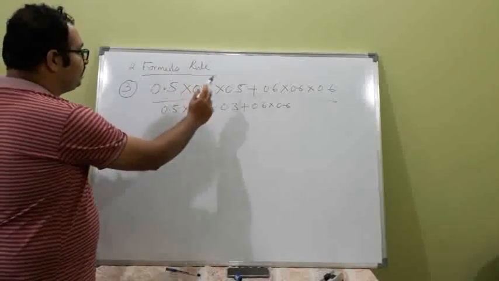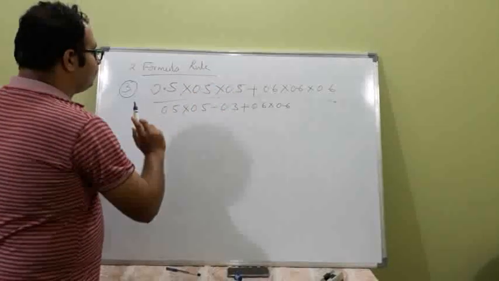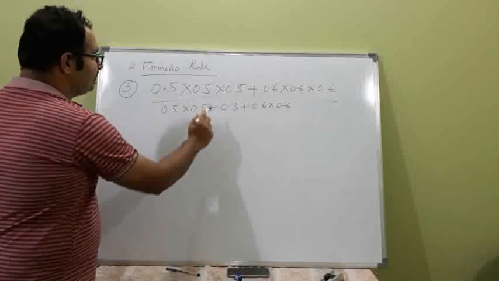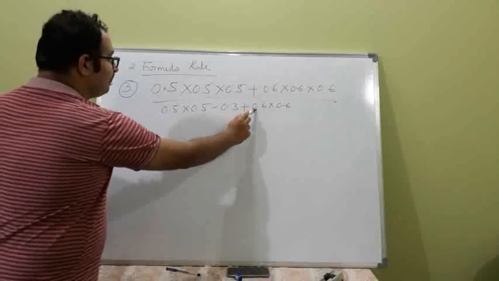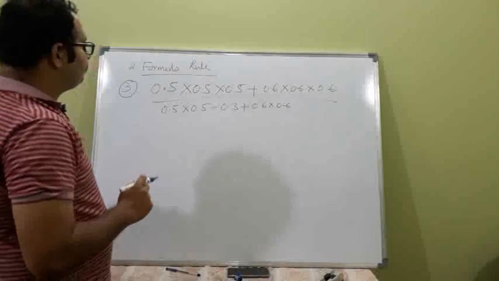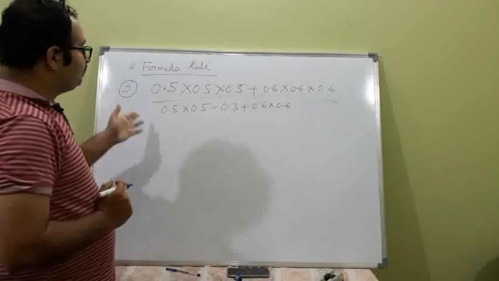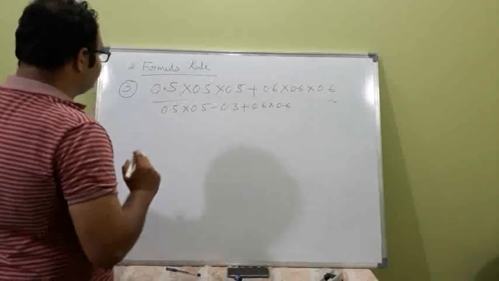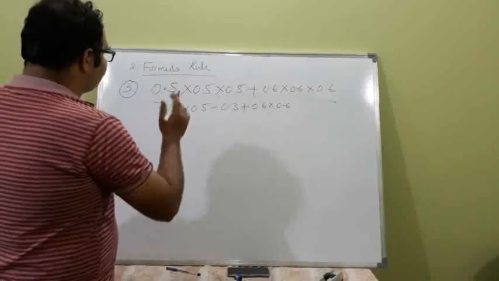Let's solve problem number 3. 0.5, 0.5, 0.5 plus 0.6, 0.6, 0.6 divided by 0.5, 0.5 minus 0.3 plus 0.6 into 0.6. With the help of a calculator we can do this problem easily, but without formula and without the calculator this is a little hectic problem. By applying the formula we can do it within a fraction of a minute.